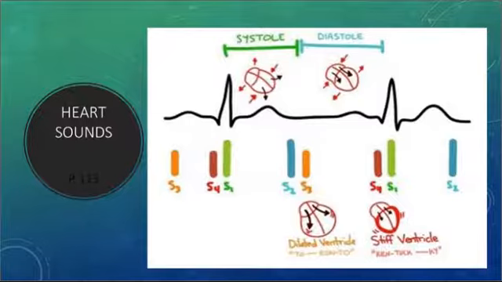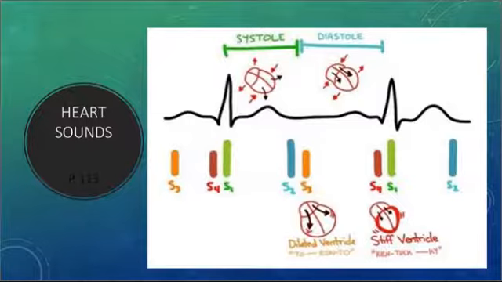It's a ventricular gallop. Often it will be found with a fluid overload, like here it says a dilated ventricle. Kentucky, Kentucky sounds very close to the second heart sound.